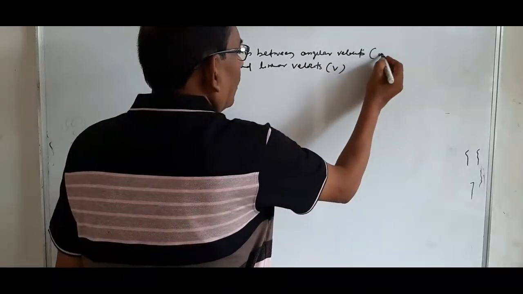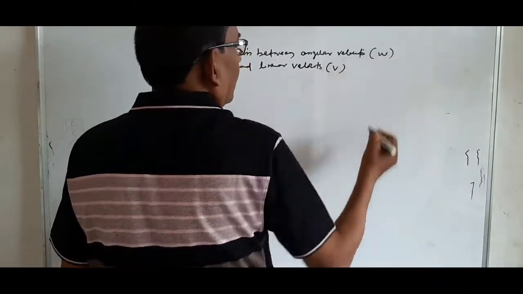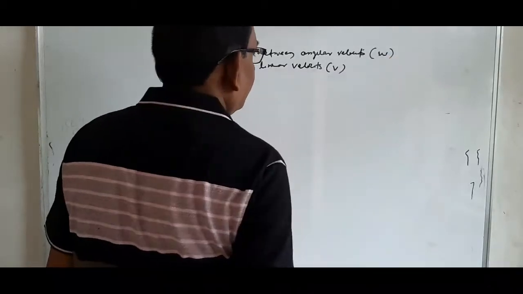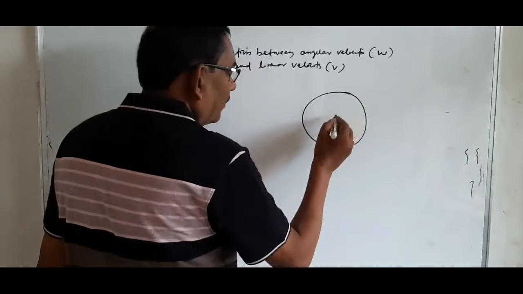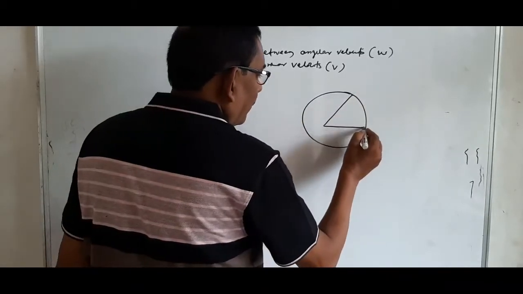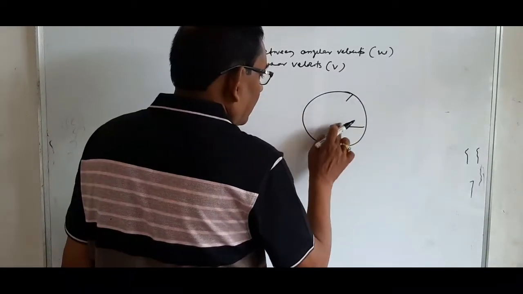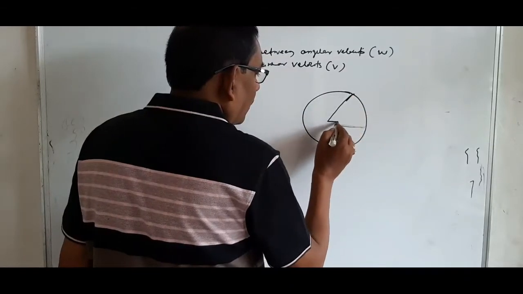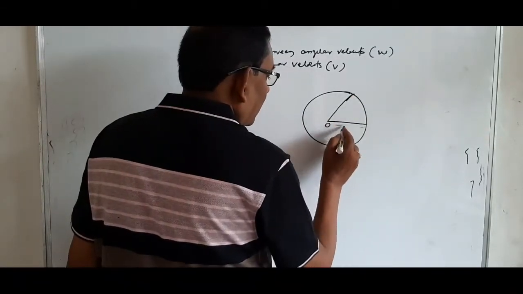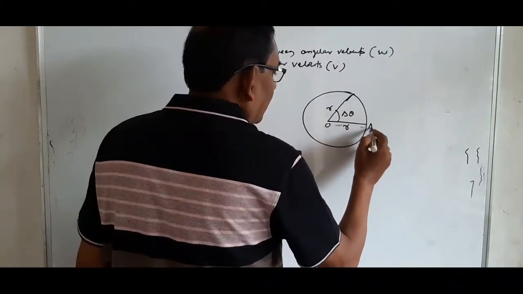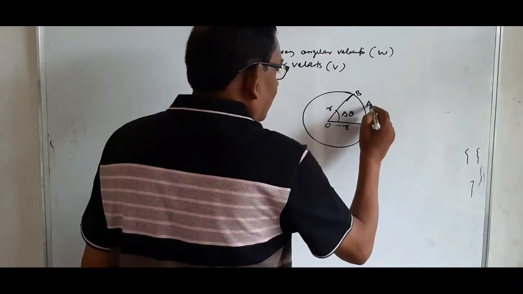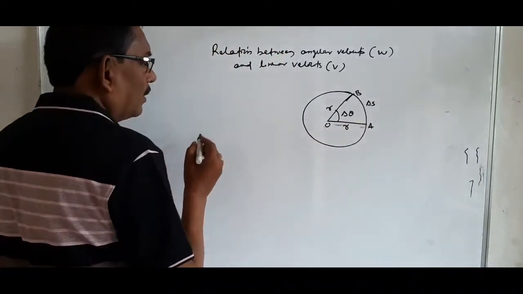It is v, it is omega. Okay. This is the diagram. Center O, radius R, delta theta, AB arc length, that is delta S. Okay.